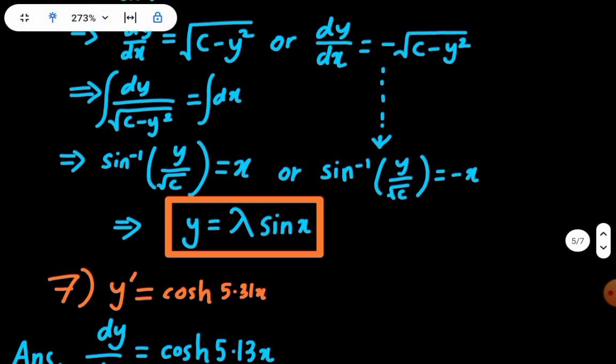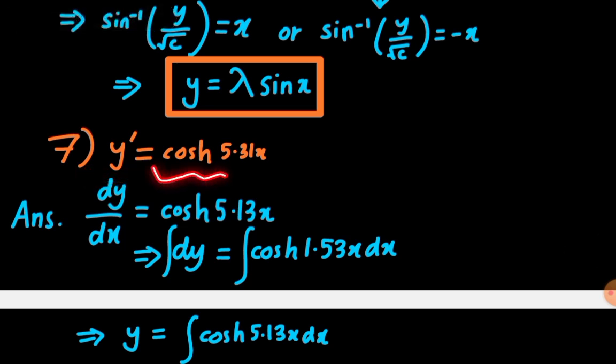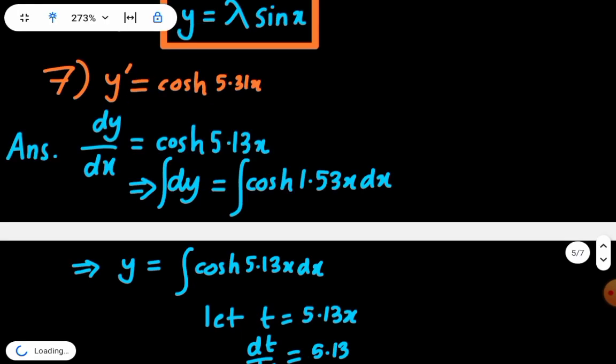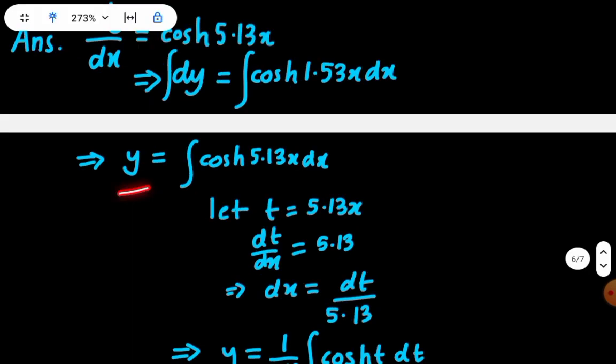Now, moving forward to the second last question, we have y prime equal to the hyperbolic function cosine, where we have 5.31x inside of it. Now, similarly to the original cosine x, we can just directly integrate it as the hyperbolic sine, and hence we just solve it in the normal way.